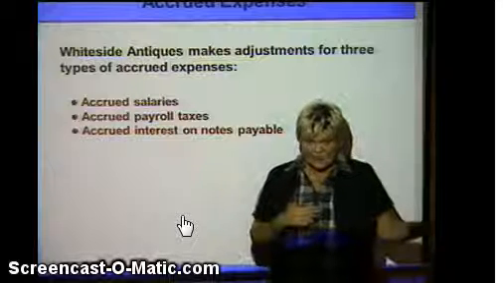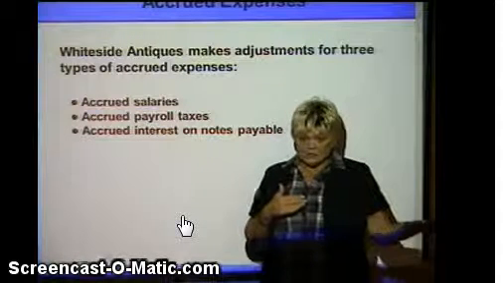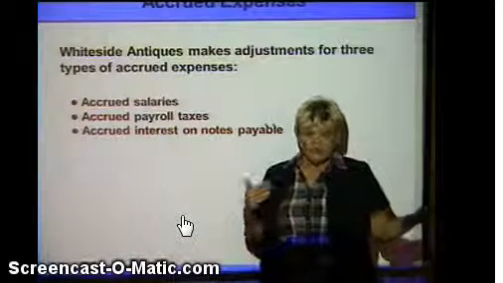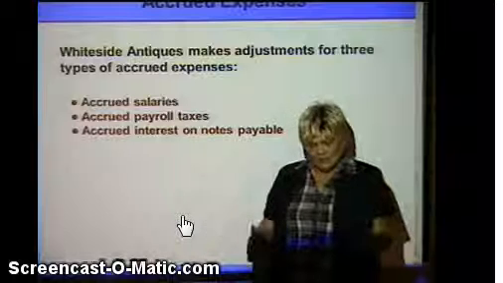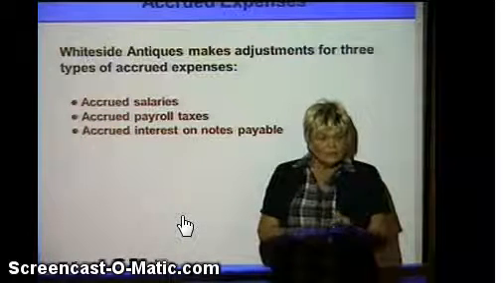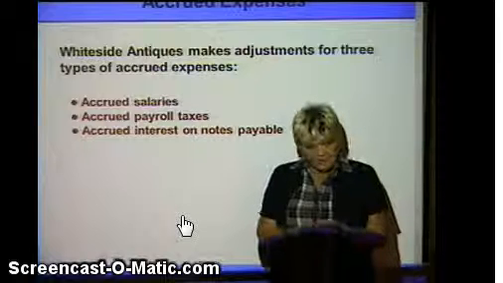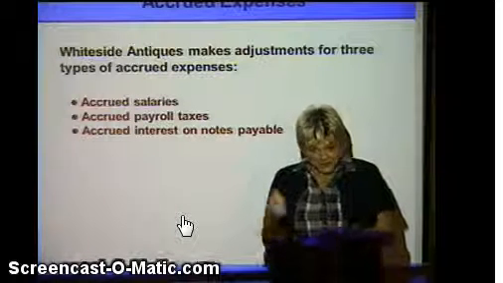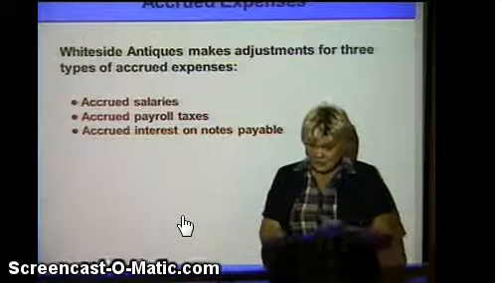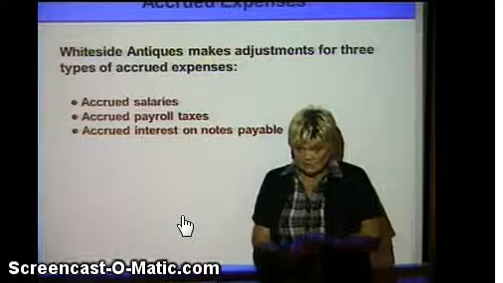Set up that payroll entry like you did in Chapter 10. So what we have to do is go in there and look at the amount that they earned during this accounting period, plus the amount of the payroll taxes on that amount. That would be an expense to the employer.